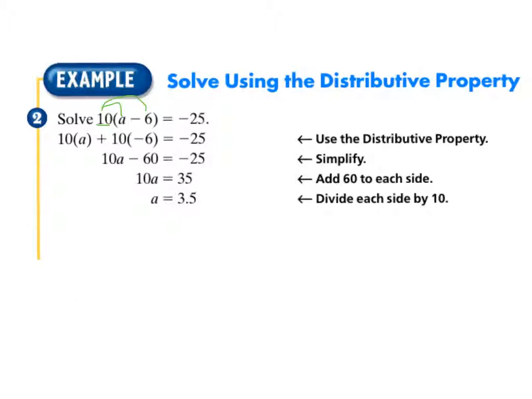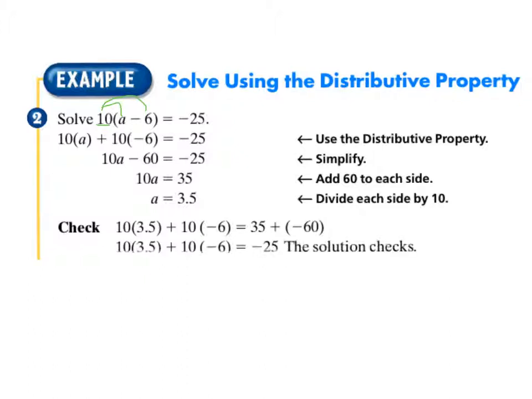Now to check your work, you take the value for a that you found and plug it back into the original equation. So 10 times 3.5 plus 10 times negative 6 equals 35 plus negative 60. Then you just do the math, and the solution checks. You can also check your solution by putting it back into the original equation in the parentheses form.